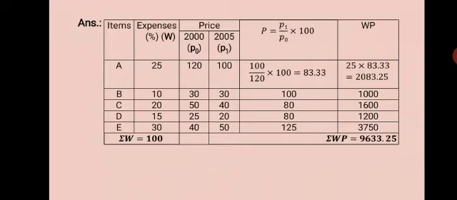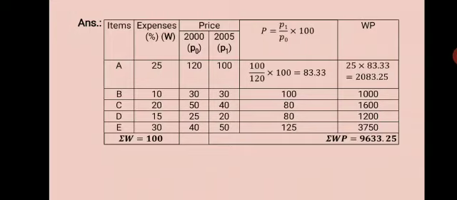Then we need to multiply weights, that is W, into price relative, that is P. Then we have to find W into P, that is WP. First W value is 25 into price relative first value 83.33. If you multiply this, you will get 2083.25.